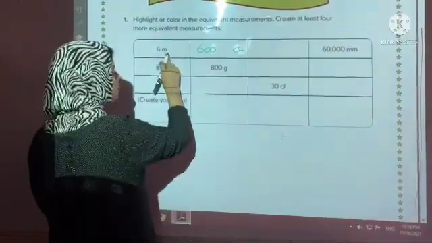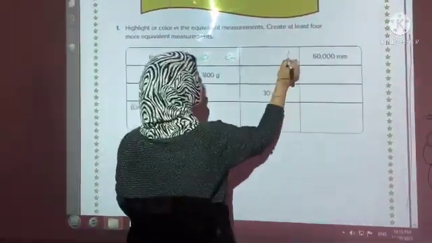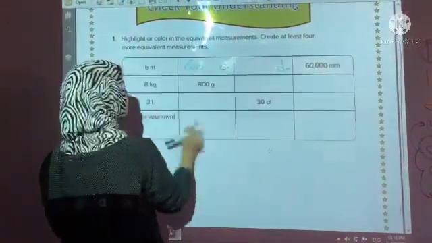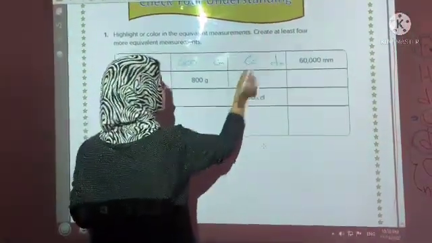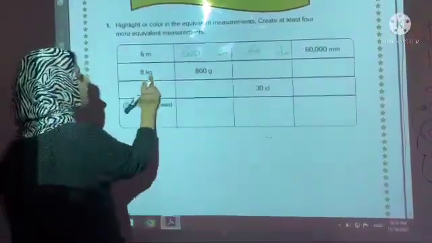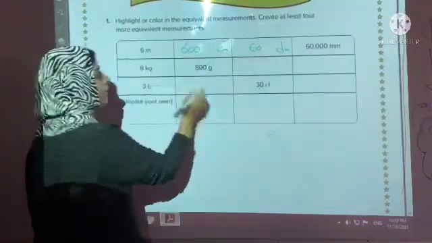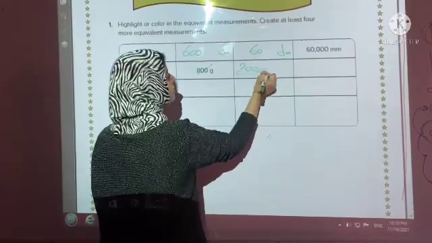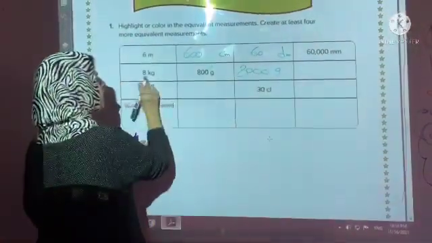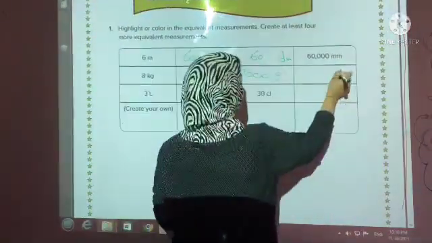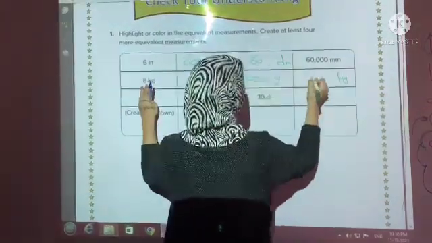Okay, so 6 meters equal how many decimeters? It will be 60. So here 8 kilograms equal 800 grams? No. 8 kilograms equal 8,000 grams. And 8 kilograms equal how many hectograms? It will be 80.